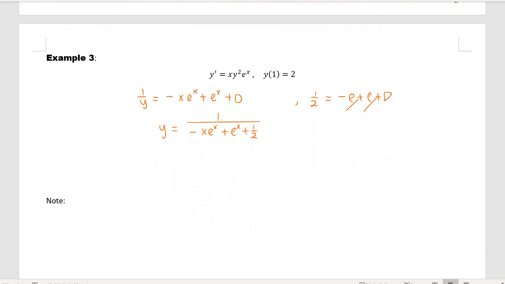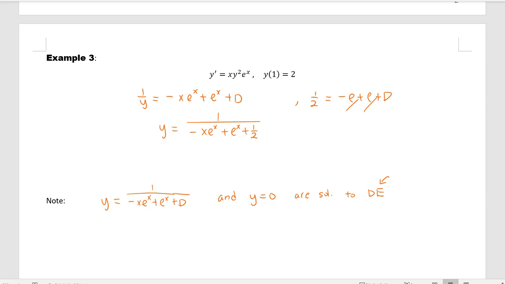Note. Okay. So let's just write down what I said before. Note y equals 1 over minus x e to the x plus e to the x plus d. This guy, and y equal to 0 are solutions to the differential equation.